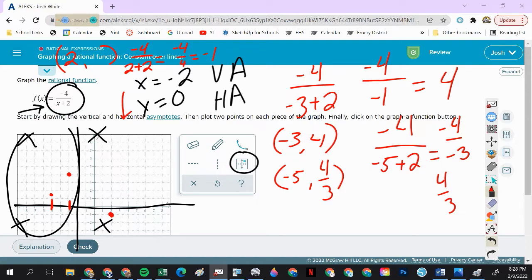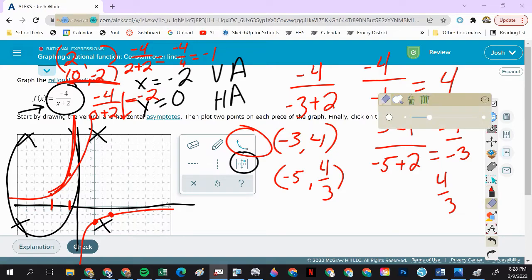So I want 0. -4 over 0 plus 2 is just -2. So I need to plot the point 0, -2, like that. Once you have all of those plotted, you push this button and it will draw the graph for you. Oh, I messed up my asymptote, sorry, like this.